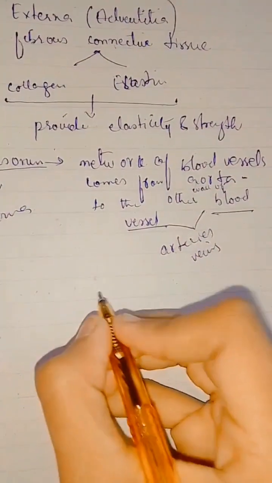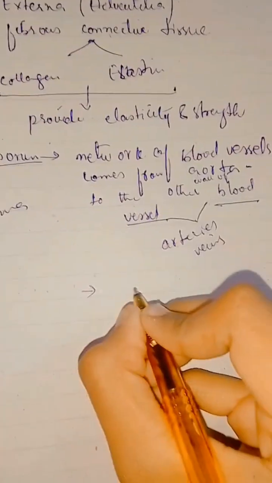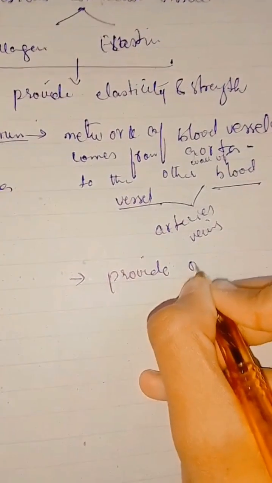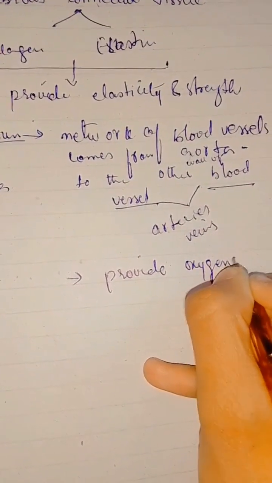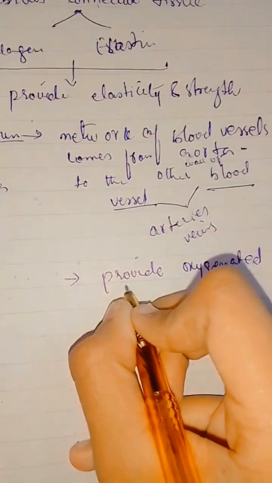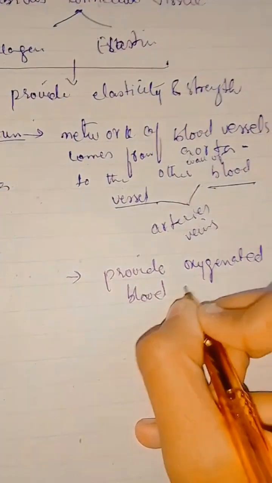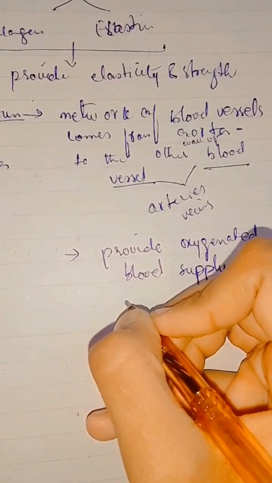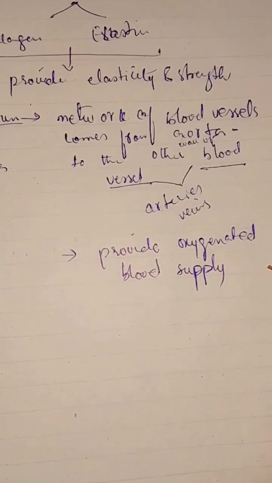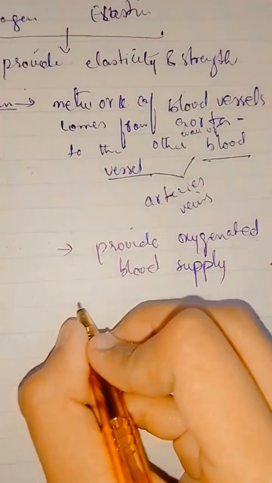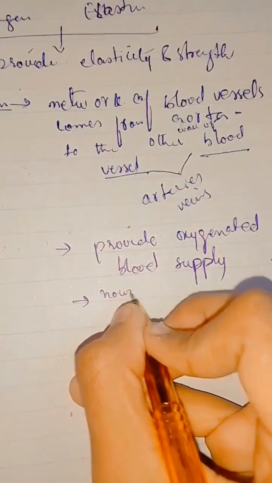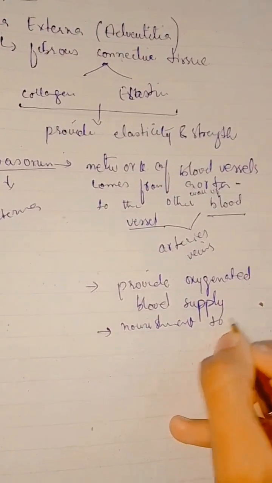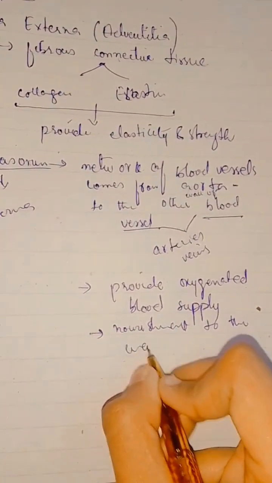Now what do they provide to those walls? They provide oxygenated blood supply to the walls of the blood vessels, as well as provide nourishment to the walls of blood vessels.